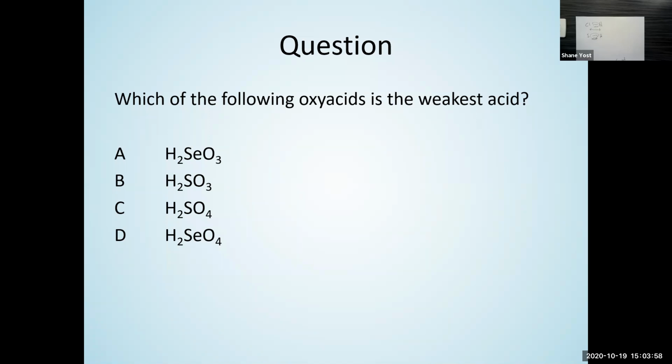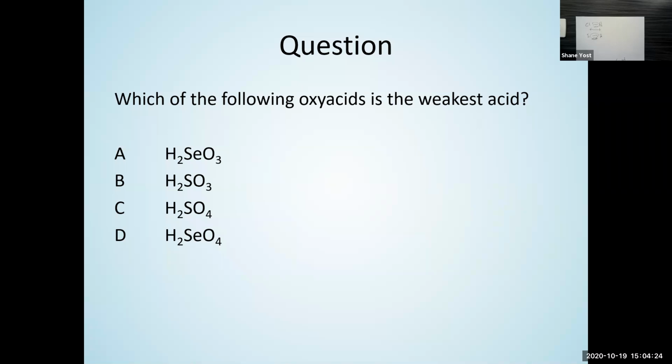Up and to the right for electronegativity. So sulfur is above selenium on the periodic table, so sulfur is more electronegative. If I'm comparing A and B here, B is going to be the stronger acid and A will be the weaker acid of those two, because S is more electronegative, so it is a stronger acid.